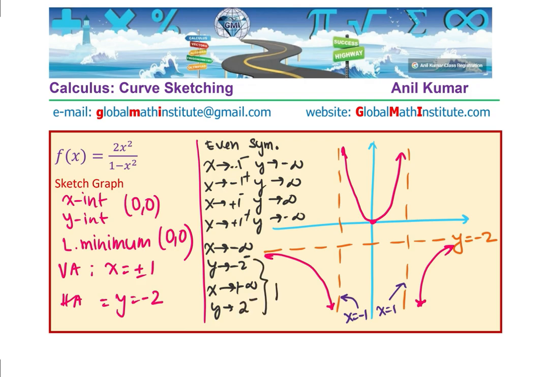So in both cases from below, right? Makes sense? And then we know it is concave up when the absolute value of x is less than 1, and concave down when the absolute value of x is greater than 1. Beautiful way of writing, you see that.